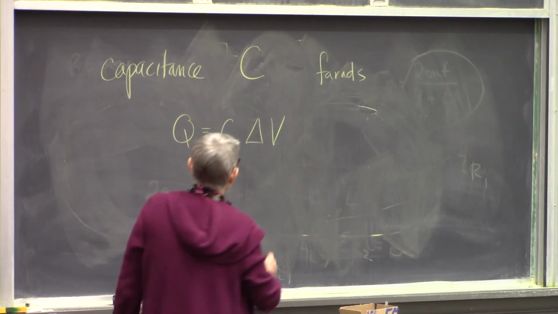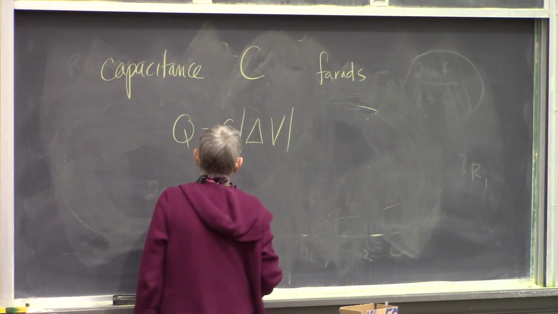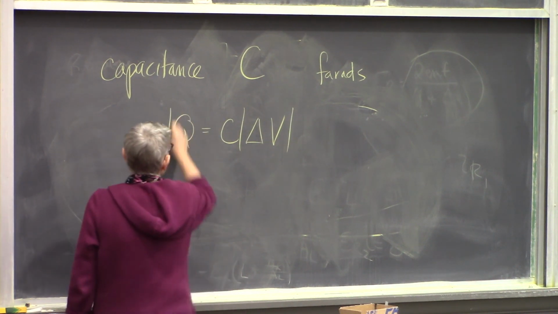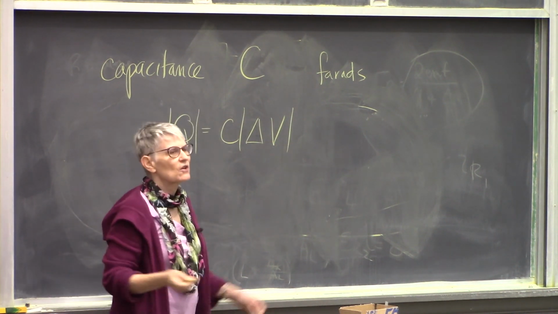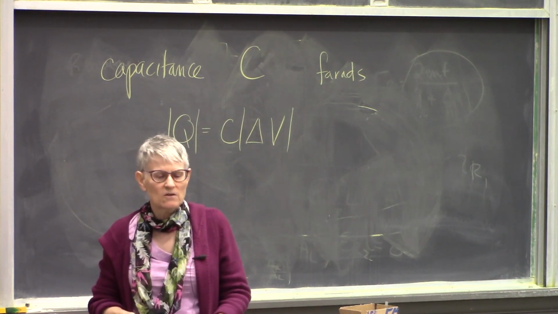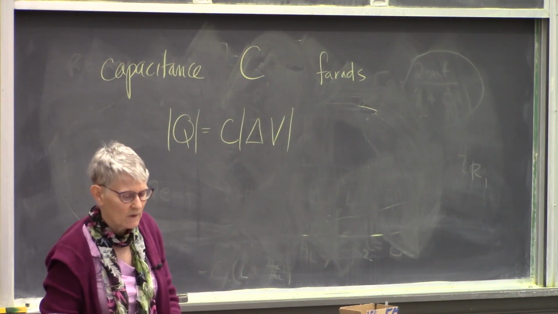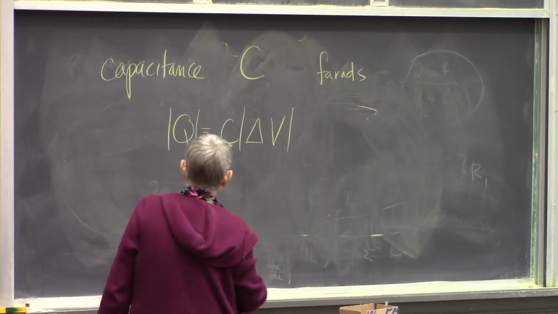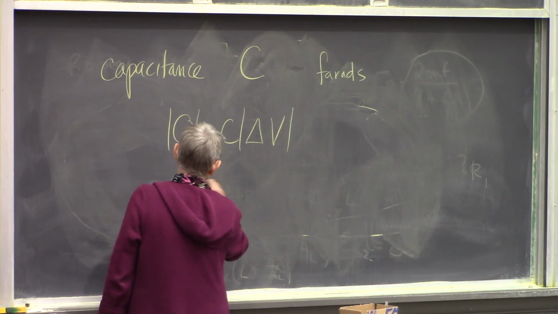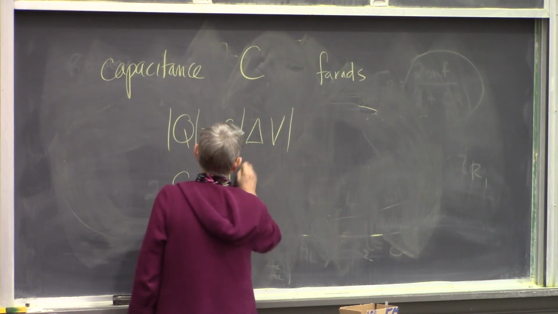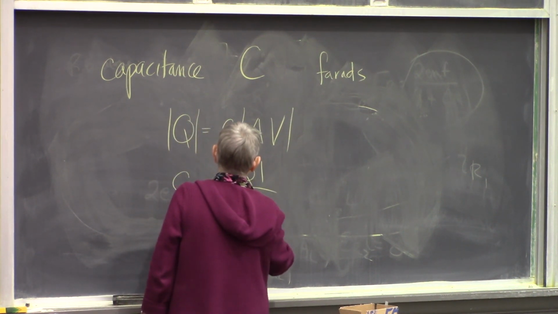These are all positive numbers here, so this is the amount of charge on the positive plate of the capacitor, if you will. So capacitance has to be the ratio of the amount of charge on one plate to the potential difference.